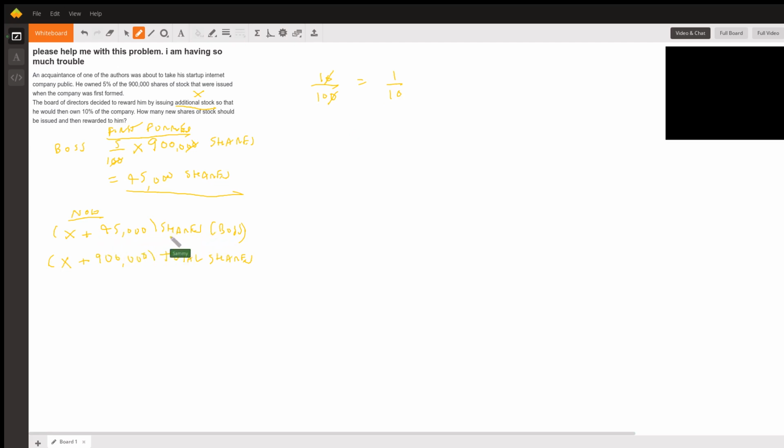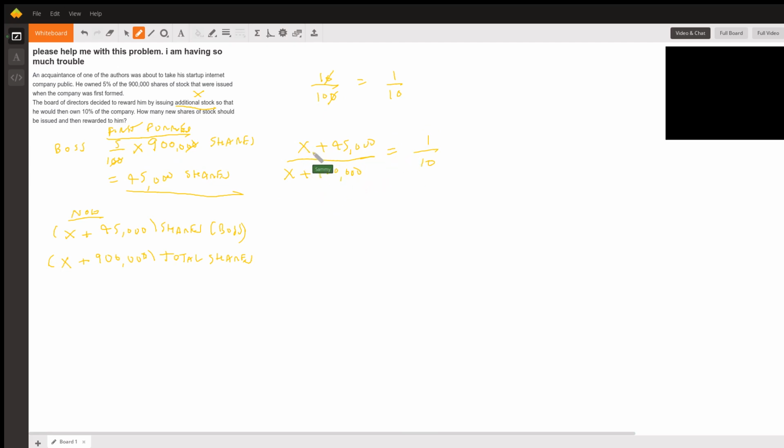We take the shares that the boss has, which is X plus 45,000, and divide it by the total number of shares, which is X plus 900,000. And that's going to be equal to what he owns of the company, the 10%, which is 1/10. Now we just need to cross multiply.